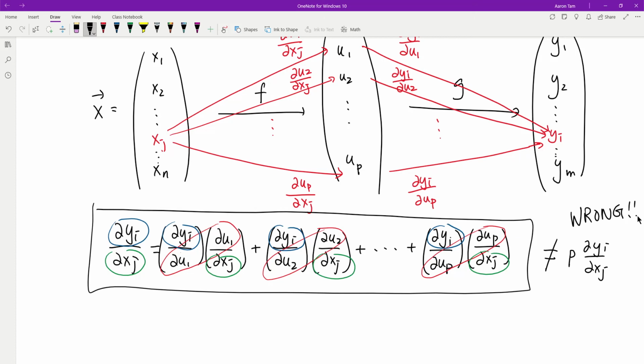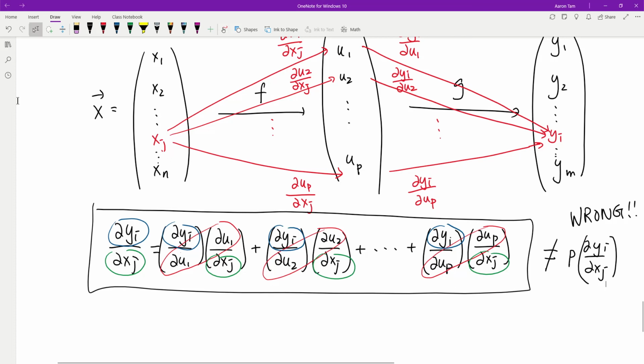So therefore, they are not one whole derivative. They're only part of the derivative of dy sub I over dx sub j. So when you add all the components together, it equals one whole. So it definitely does not equal p many dy sub I over dx sub j. That is incorrect. It's probably one of the most common misconceptions, especially when students don't pay attention to what I'm telling them. So please don't be that student.